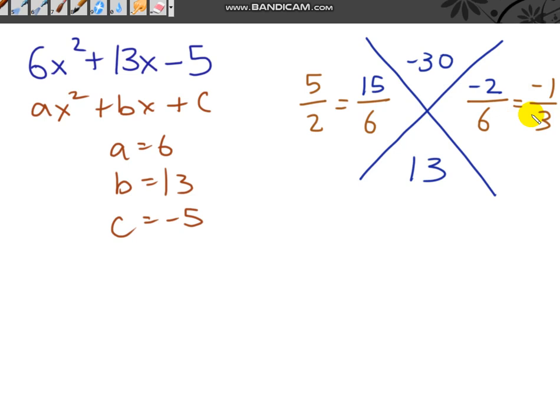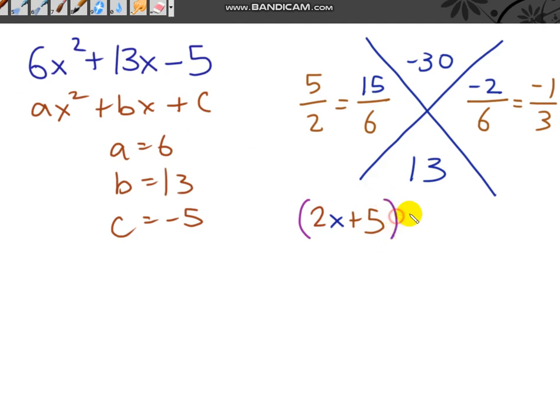Okay, so let's go ahead and write our factors for this. When we write our factors, again, this number is the coefficient that goes in front of x. So this is 2x, and then that number comes on top, so it's going to be plus 5.